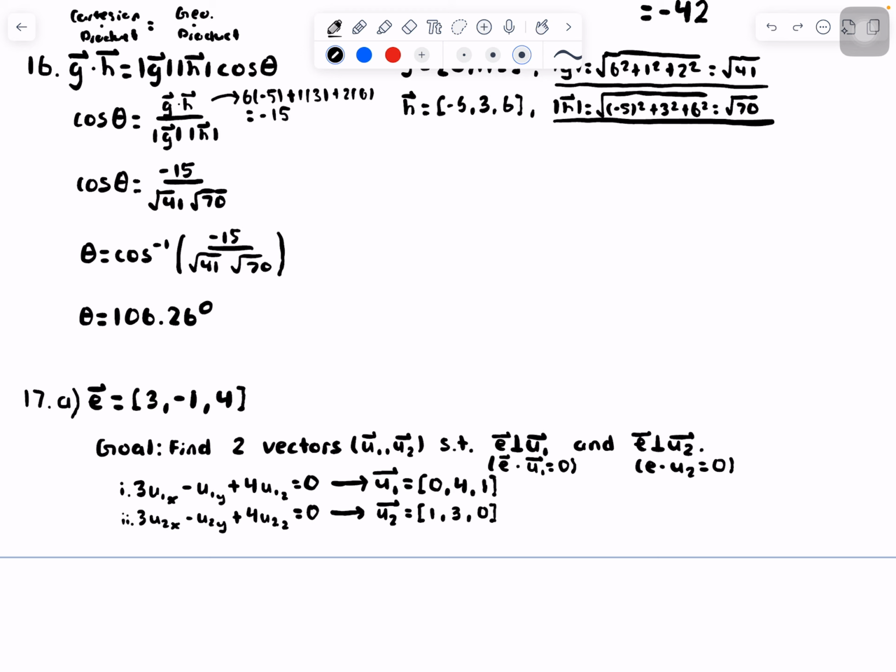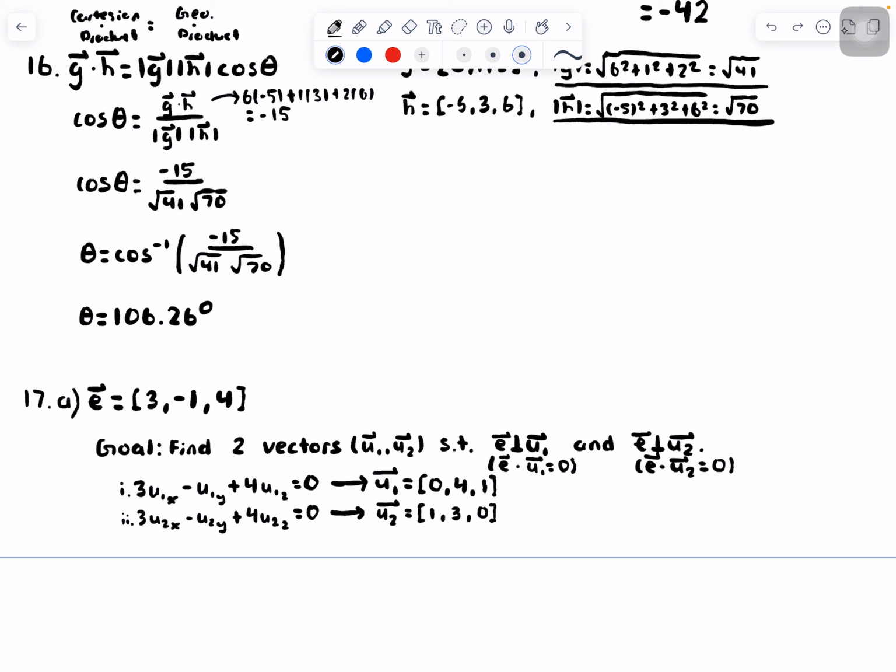But we can boil that condition down to something we know, because if they're perpendicular, that means E dot U1 is equal to 0 and E dot U2 is equal to 0. I wrote those conditions down right here as 1 and 2. So we have 3u1x minus u1y plus 4u1z equals 0.